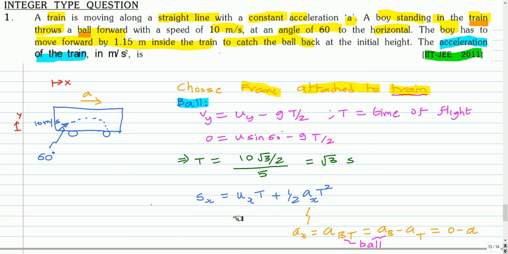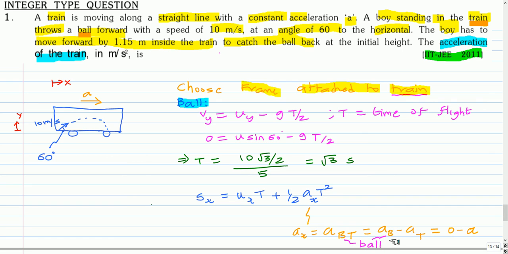So using the equation s equals ut plus half at square, for the horizontal motion we get sx as uxt plus half axt square, where ax is the acceleration of the ball with respect to the train. So acceleration of the ball minus acceleration of the train. Acceleration of the ball with respect to ground is 0 in the x direction, because once the ball is released, there is no force which will give an acceleration in the horizontal direction.